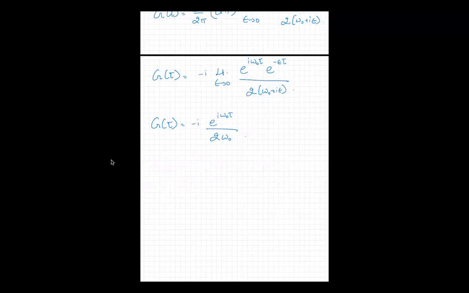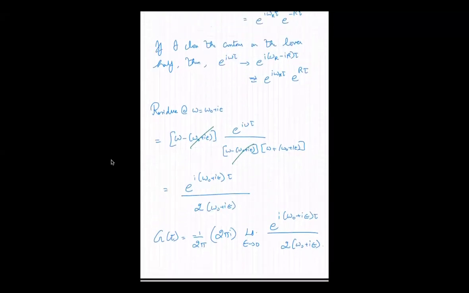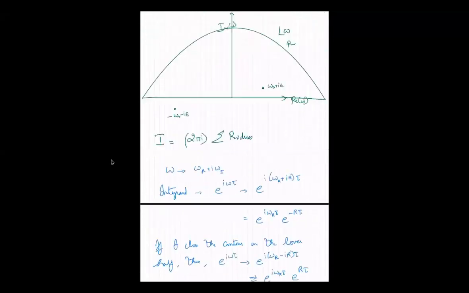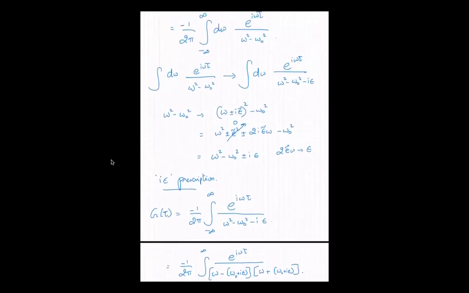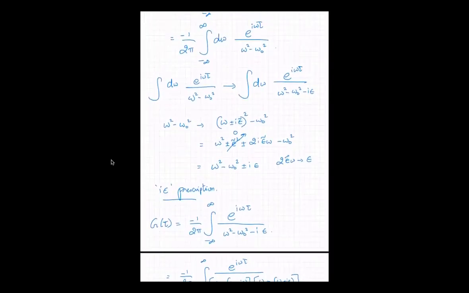And of course, once I have the Green's function, the total response is the integral dt' g of (t minus t') f of t'. Okay, so that can be accomplished by a simple integration. So the method of solving differential equations using the Green's function technique amounts to basically 3 steps. The first step is converting the given differential equation into an algebraic equation for the inverse Green's function, g tilde of ω, or in the k case, g tilde of k.